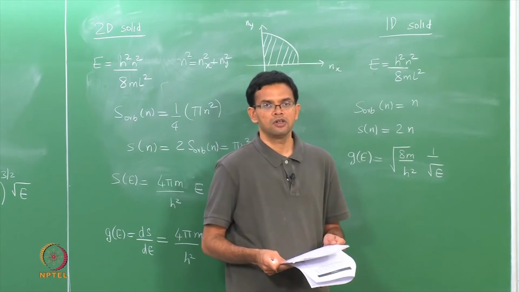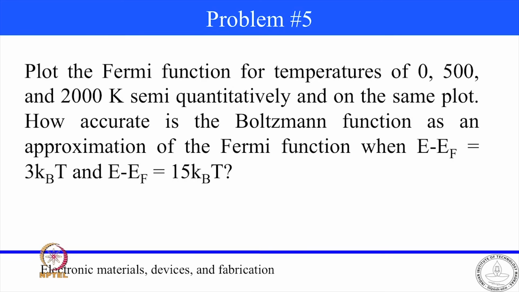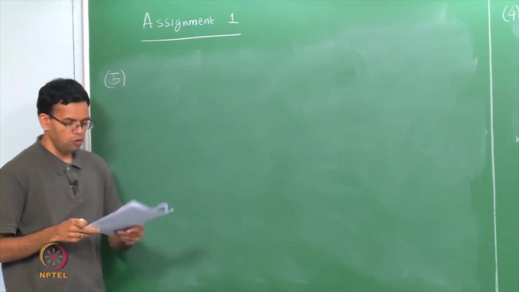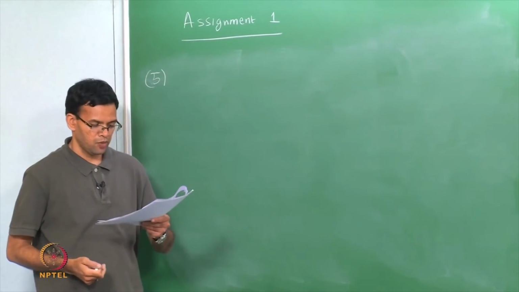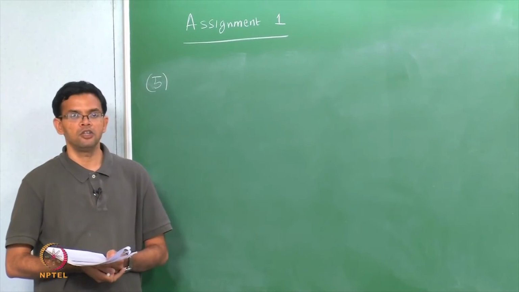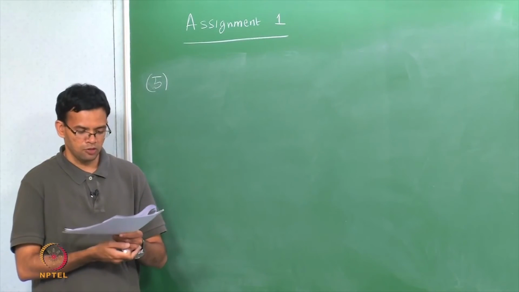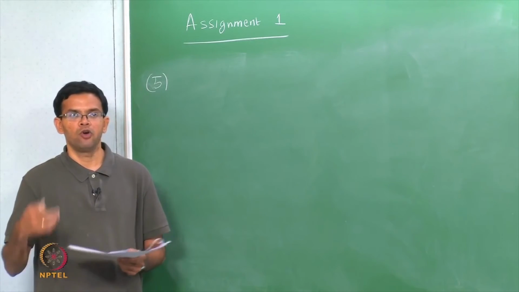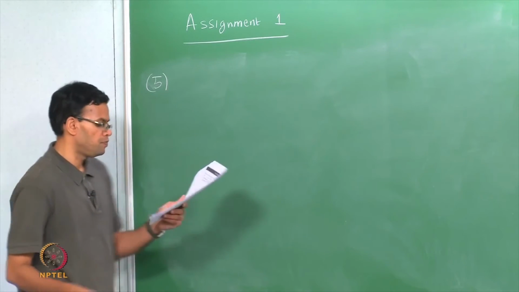So, let us now look at the last problem. We want to plot the Fermi function for temperatures of 0, 500 and 2000 Kelvin. It is a semi-qualitative plot and we want to do this on the same plot.